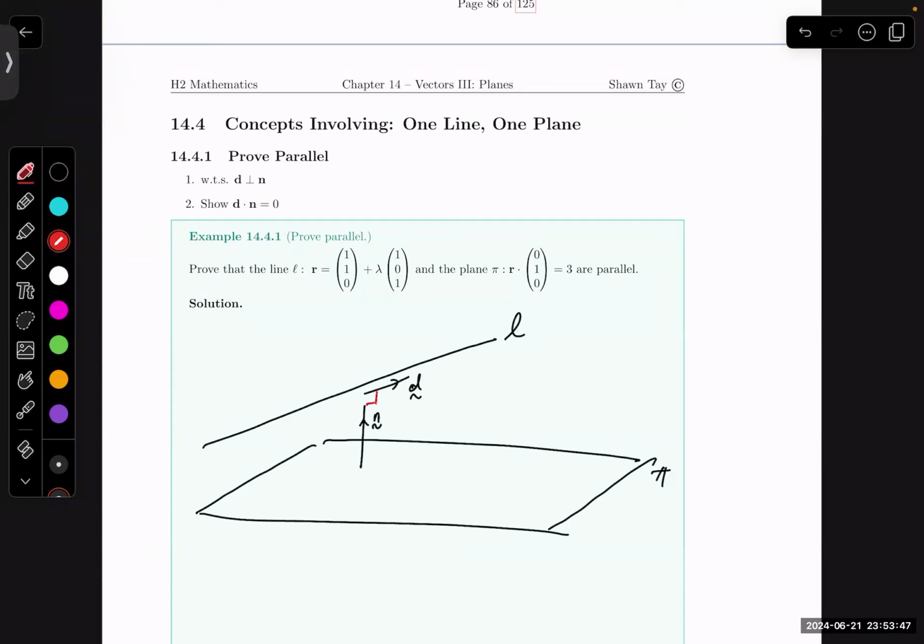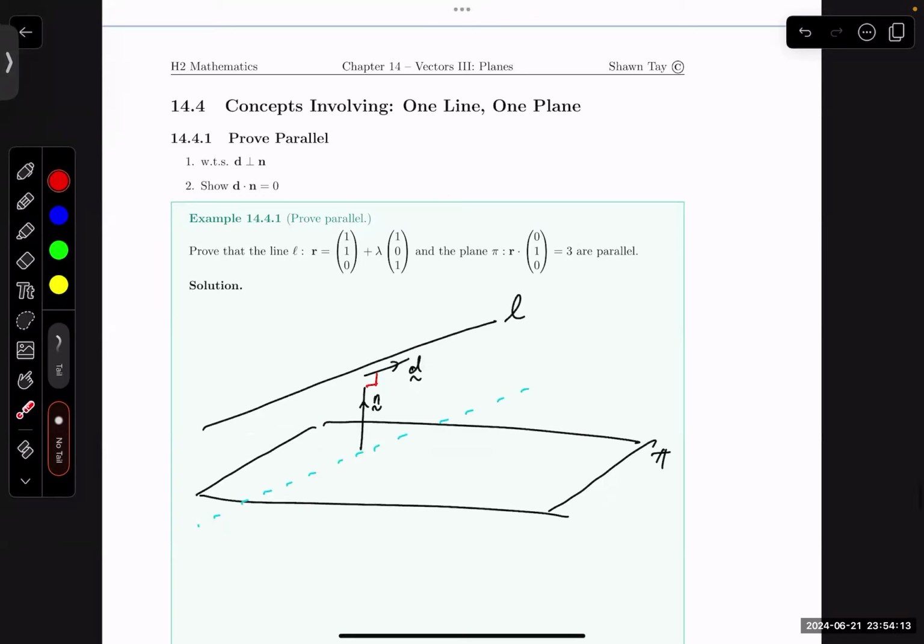So we want to show this so that they are parallel. For example, if I put a shadow of the line, it will lie in the plane like this. I want to show that if I let the line drop to the plane, it will sit on the plane. It's not going to form an acute angle with the plane.